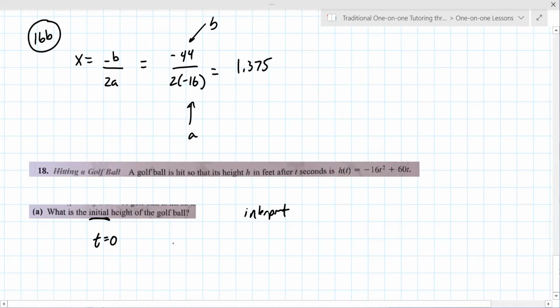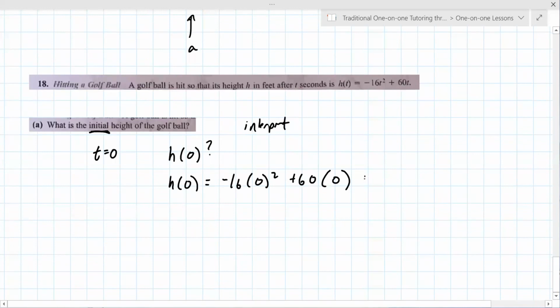So it's essentially asking, what is h of 0? Well, h of 0 means you're putting 0 into this equation up here, minus 16 times 0 squared plus 60 times 0. Have you ever gone to Top Golf, or have you ever hit a golf ball? Yes. Yeah, this isn't quite true because there's usually a tee, but they say essentially it's on the ground. I mean, you can hit one on the ground too at Top Golf if you've ever been there. Yeah. So that's reasonable.